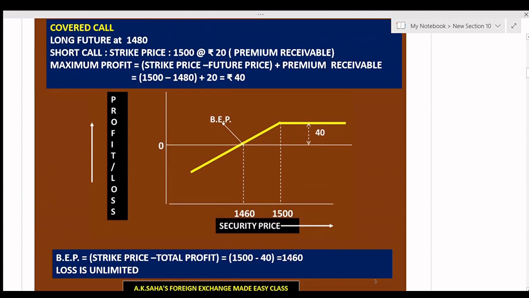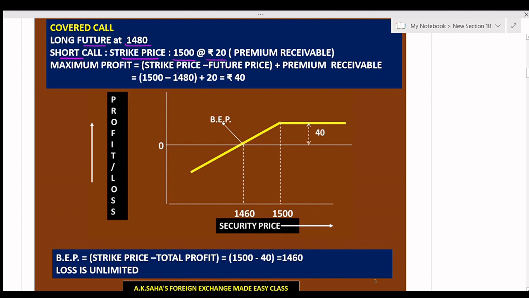Now come to covered call. Here there are two derivatives. One is a long future, price 1480, and the other is a short call option, strike price 1500, which is a little bit higher than the future price, and premium receivable is rupees 20.